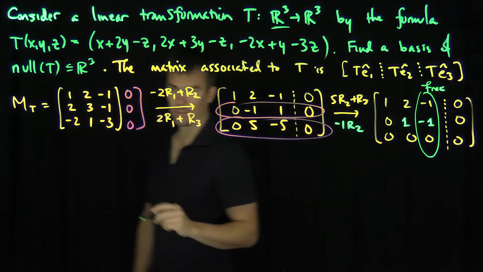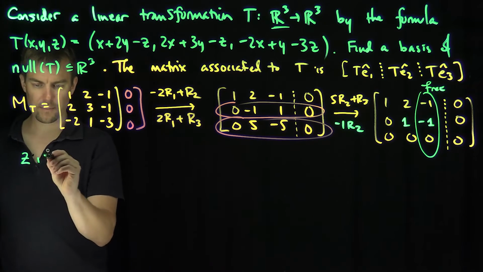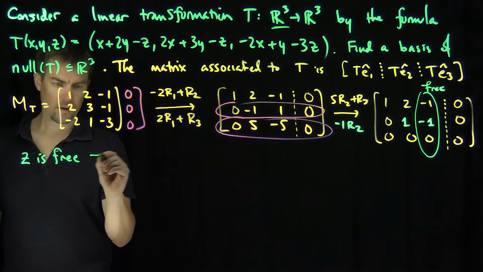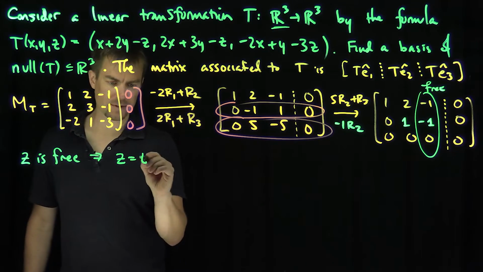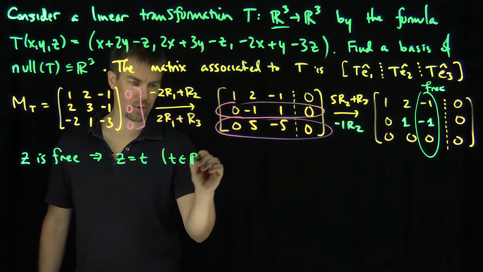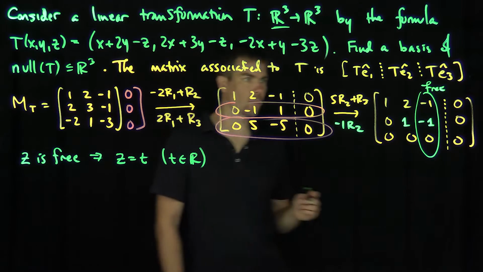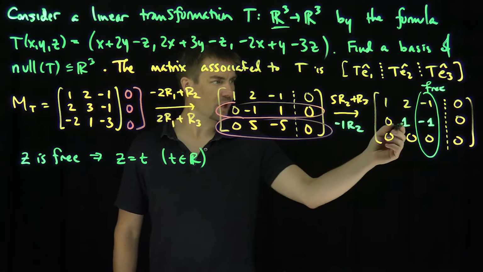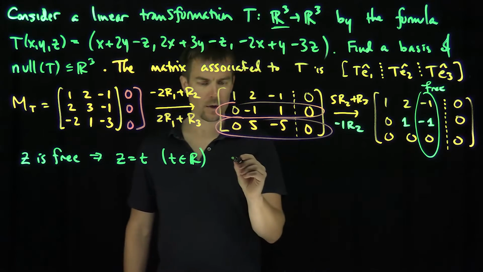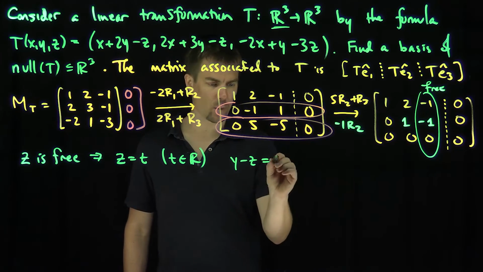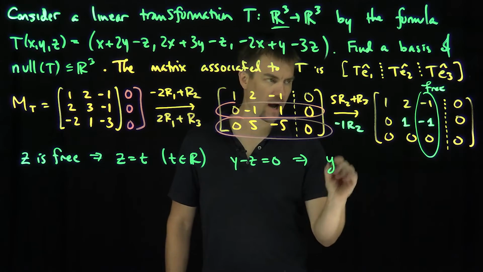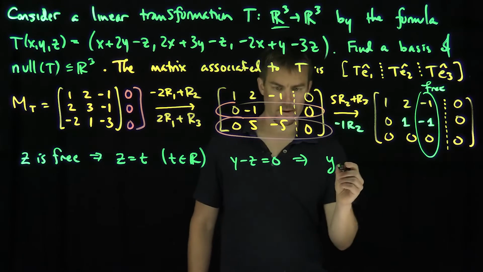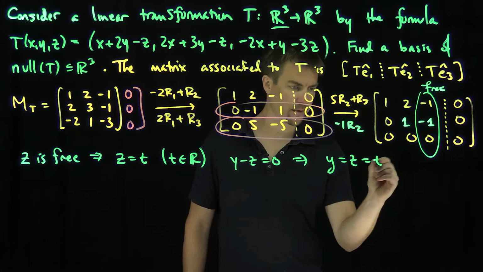So z is free. We set z equal to t, where t is any real parameter. Let's look at what these formulas tell us. The second row tells me that y minus z equals 0, which implies that y is equal to z, and that's equal to t.